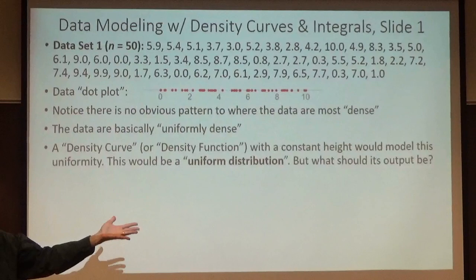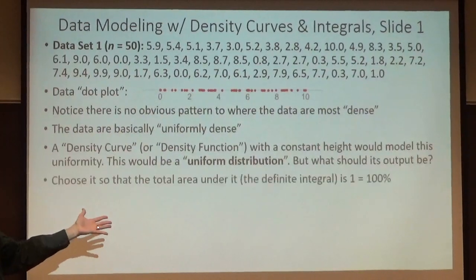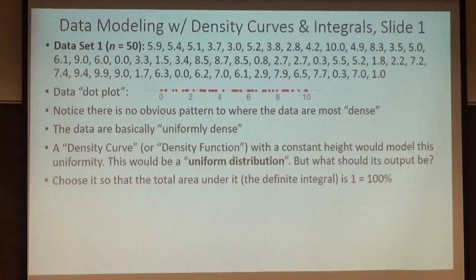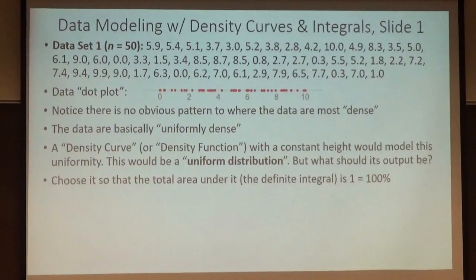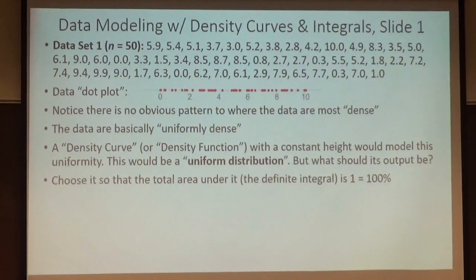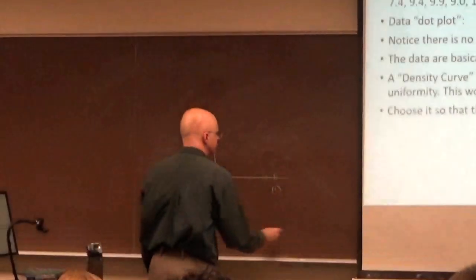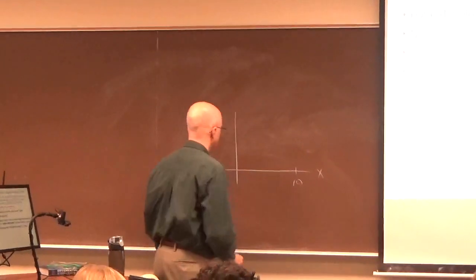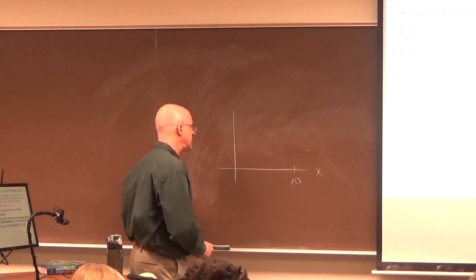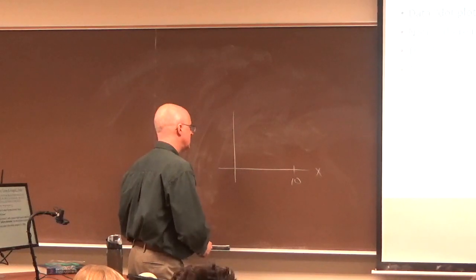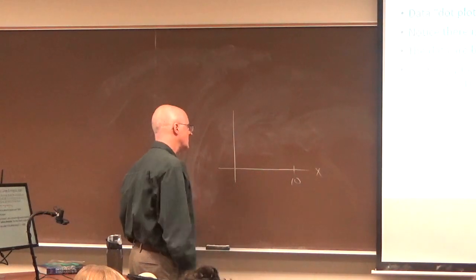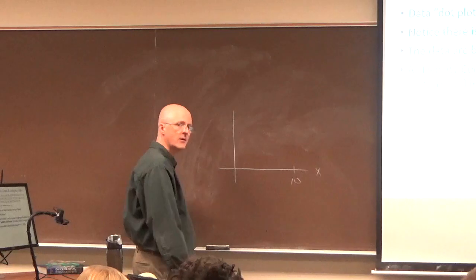But what should that height be? You want to choose the height so that the total area under the density curve is 1 or 100%. So notice the data is between 0 and 10 here. I want my density curve to be a horizontal line where the area under the horizontal line is 1.